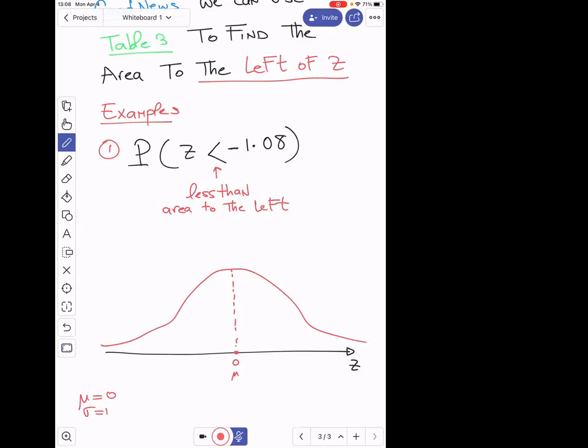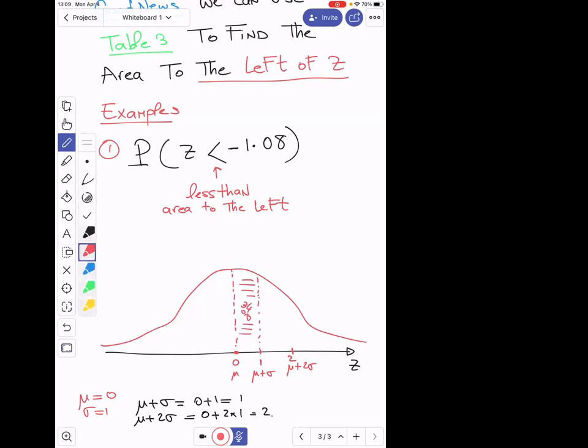So if you do mean plus 1 sigma, that's 0 plus 1, equal to 1. If you do mean plus 2 sigma, that's 0 plus 2 times 1, so that's equal to 2, etc. So for example, we know that the area between the mean and the mean plus sigma is supposed to be 34%.